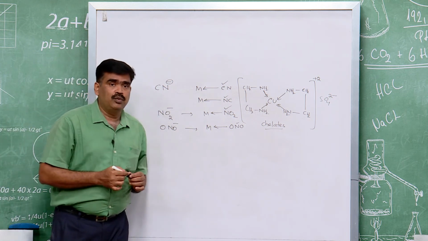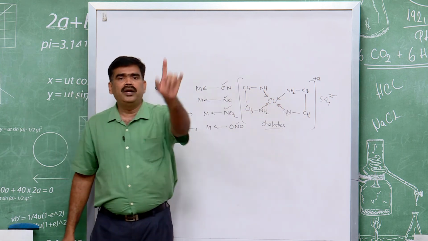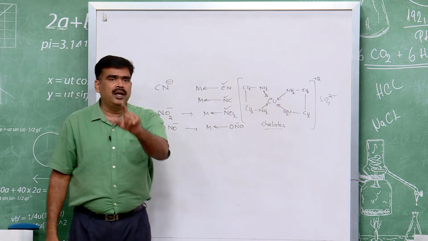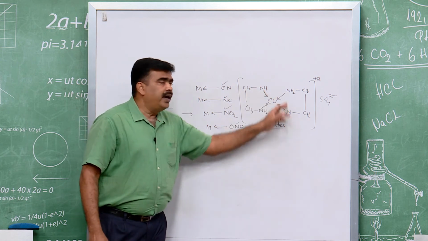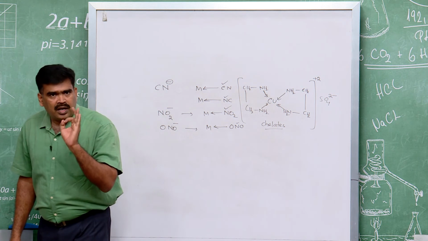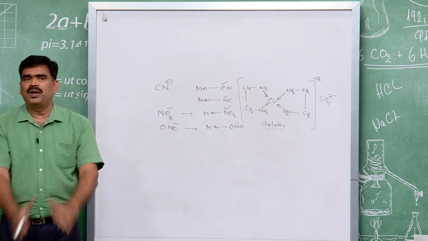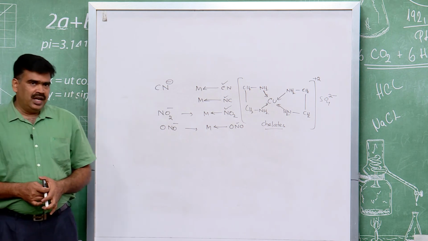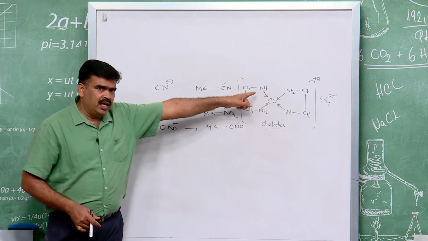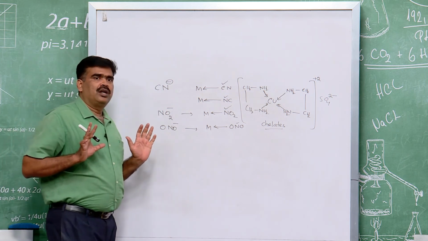Let me tell you one thing very clearly. Chelating ligands are the polydentate ligands which, when they make coordinate bonds with the central metal atom, form a ring structure, and those ring-structured complexes are called chelates, and the ligands are called chelating ligands, and the process is called chelation.